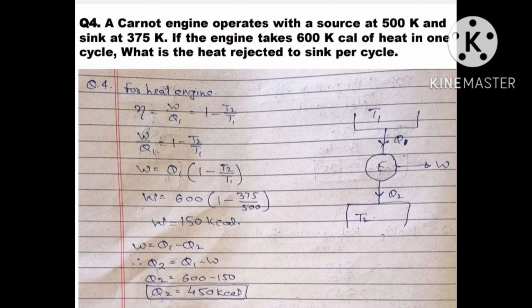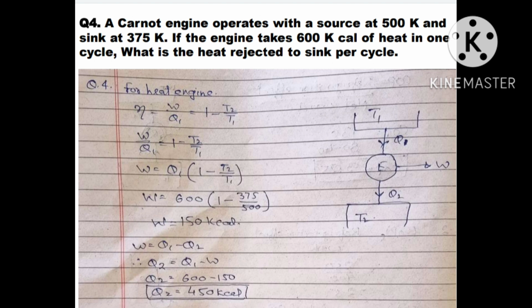So W by Q1 equal to 1 minus T2 by T1. So we can find out the value of W as W equal to Q1 into 1 minus T2 by T1. Q1 is given as 600, T2 is 375 and T1 is 500. So we can get the value of work as 150 kilocalorie.